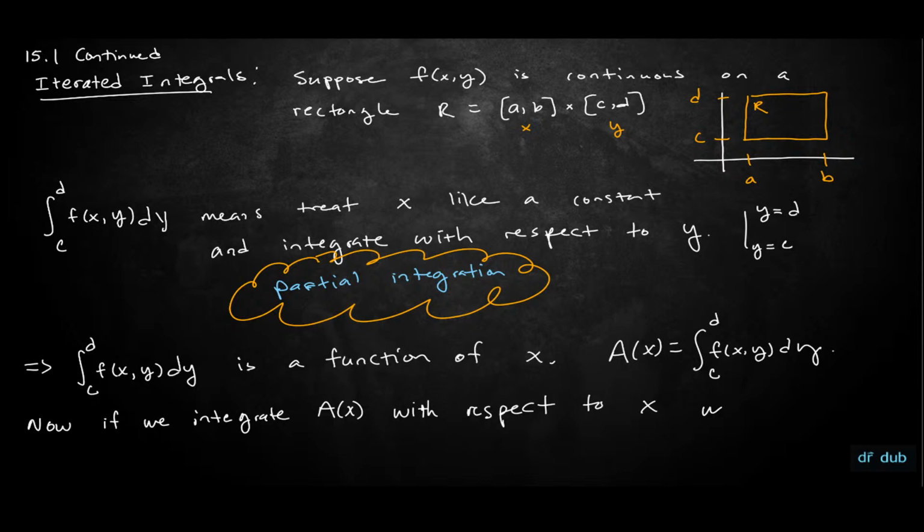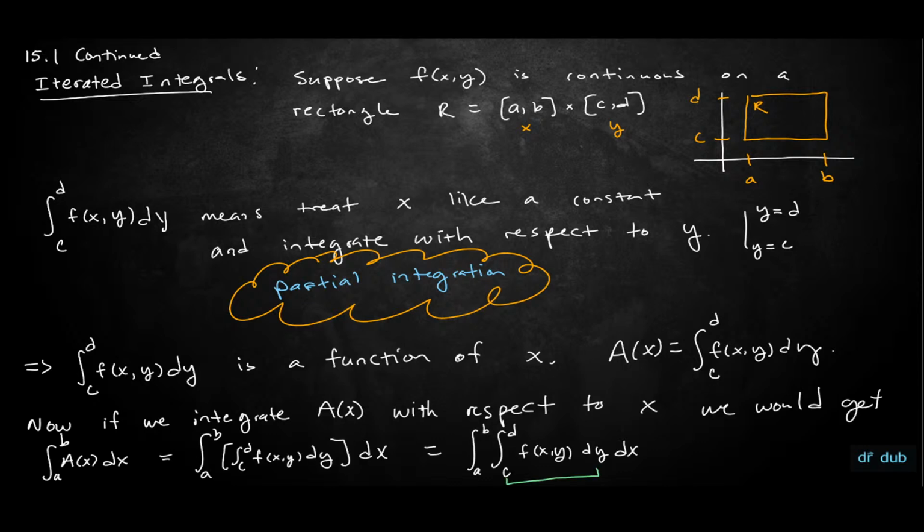And you kind of work from the inside out. So that tells you which bounds go with which variable. So the inner bounds go with the inner differential dy. So c and d go with dy, and then a and b go with dx. And this is what we call an iterated integral.